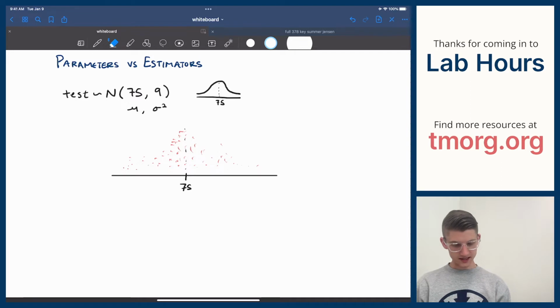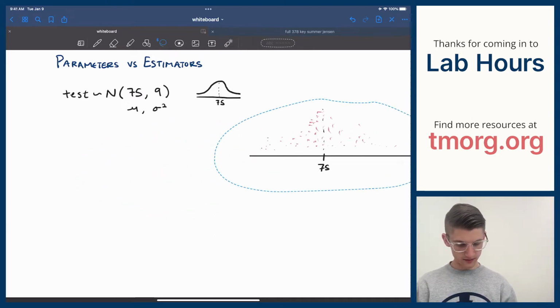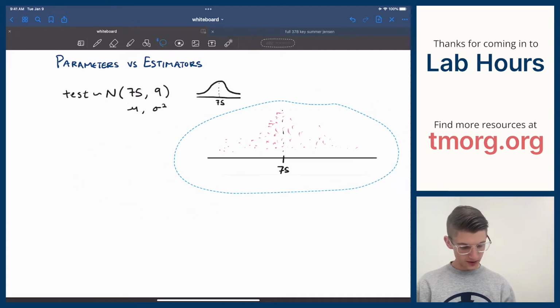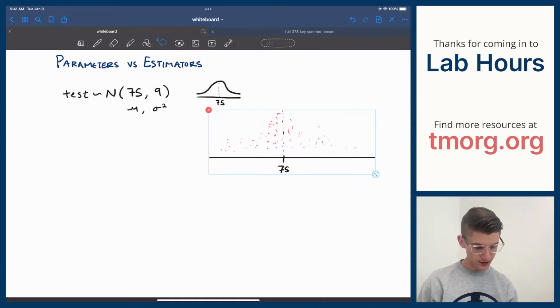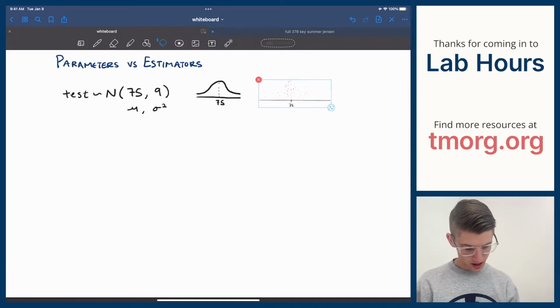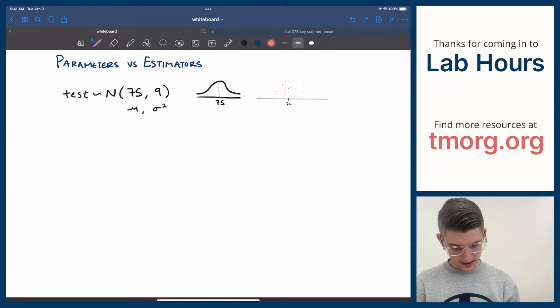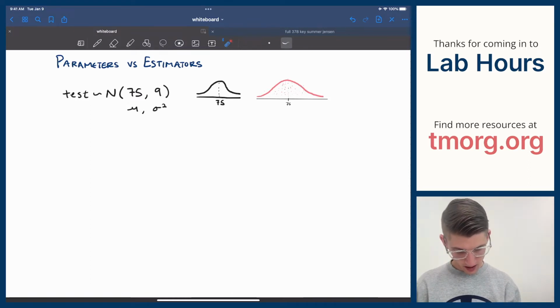What do I mean by this? Okay, what's the point of doing this little example? The point of doing this little example is to try to introduce the idea to you that these underlying distributions are not actually knowable perfectly.